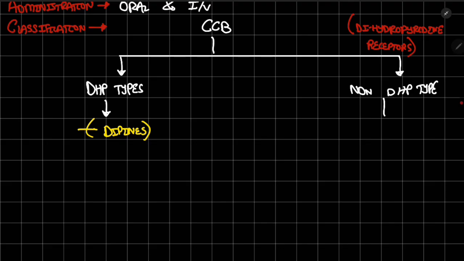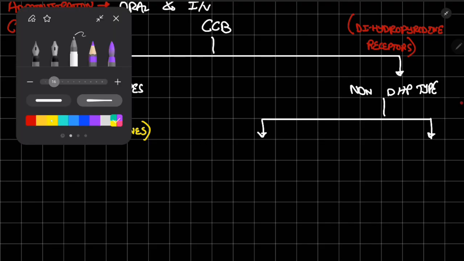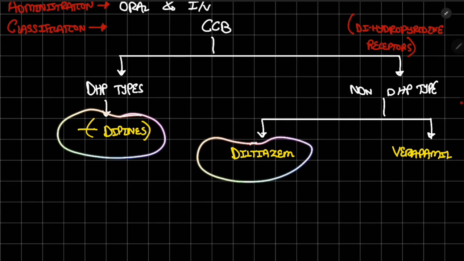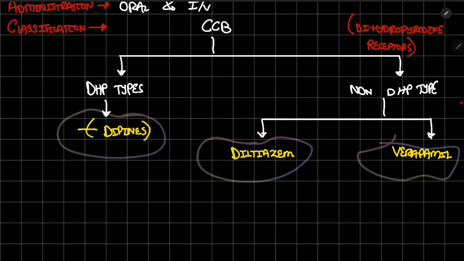Under non-DHP types, we have two drugs: diltiazem and verapamil. You should know the names of these three concepts: the dipines, diltiazem is a specific drug, and verapamil is also a specific drug.